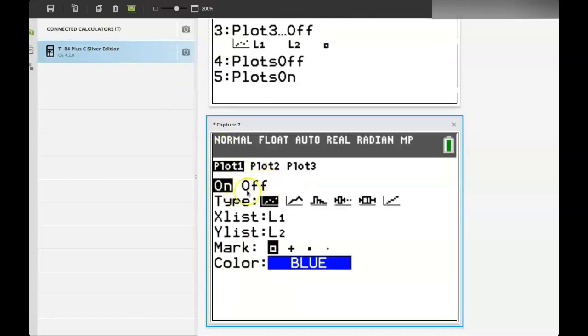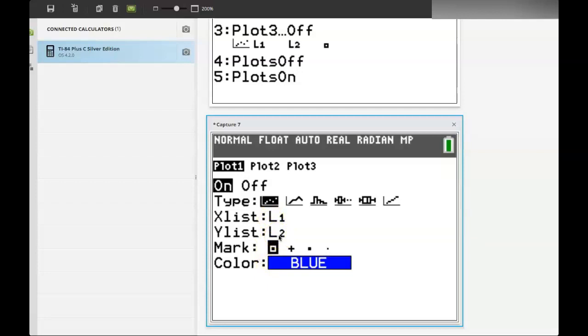We have this page. If you had this one off, you should move that one to on. The type of diagram is scatter, so the first one, and for X you should have L1 and for Y L2. If you have something different, you should type that in.